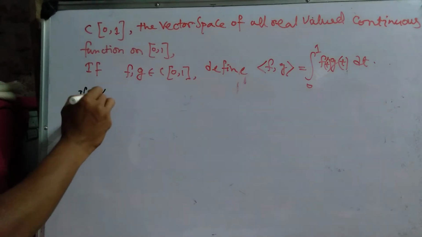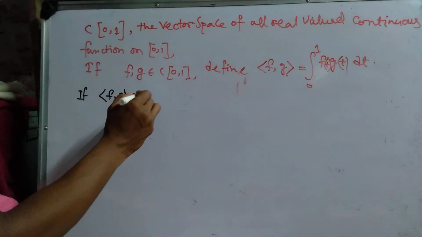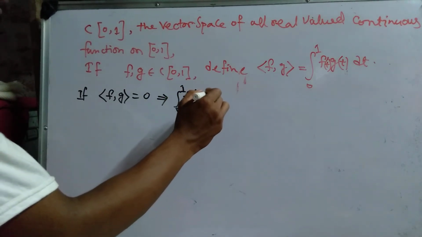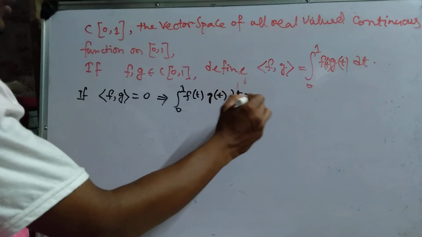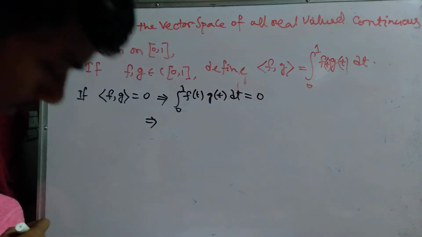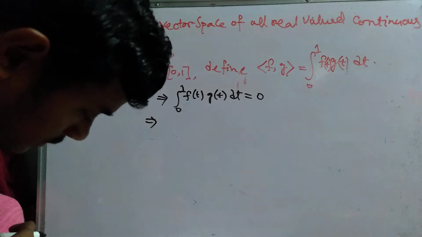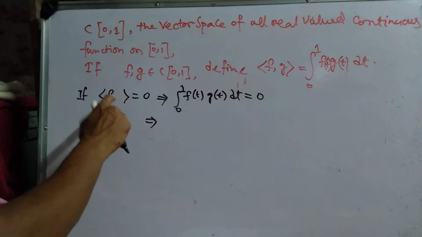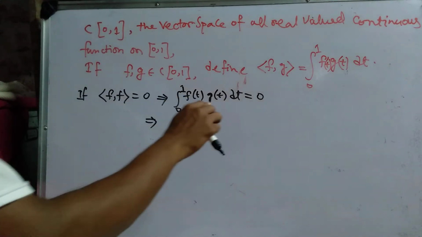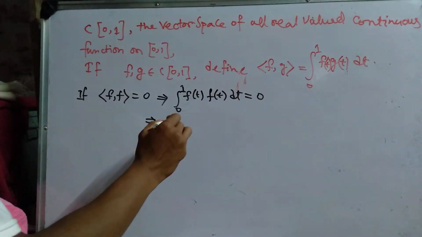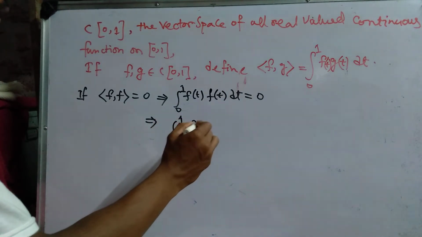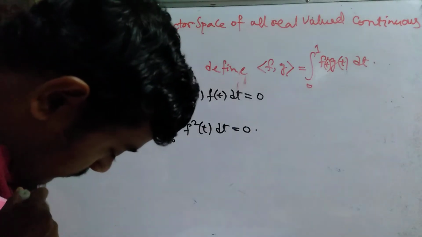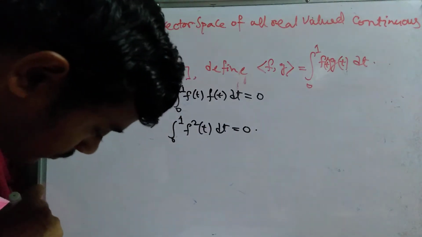If <f,f> equals 0, if g equals f, this implies that the integral from 0 to 1 of f(t) f(t) dt equals 0. This implies that the integral from 0 to 1 of f square t dt equals 0.